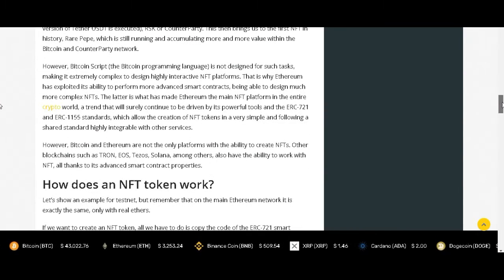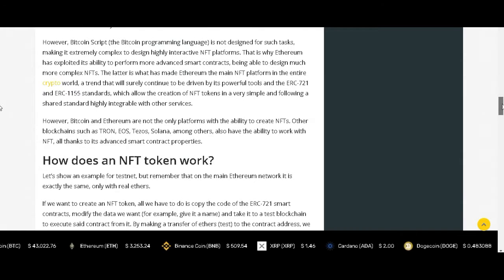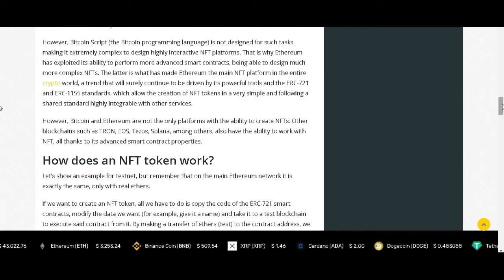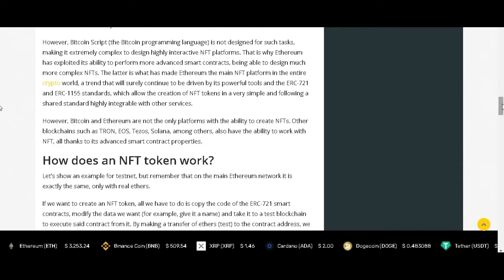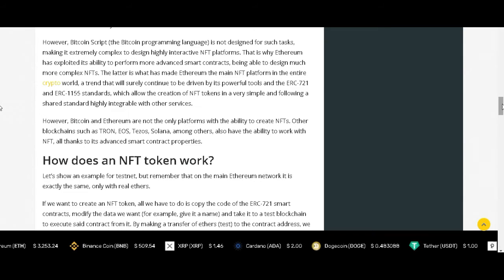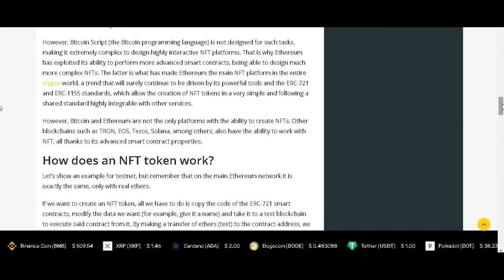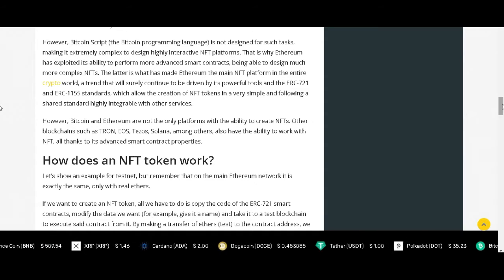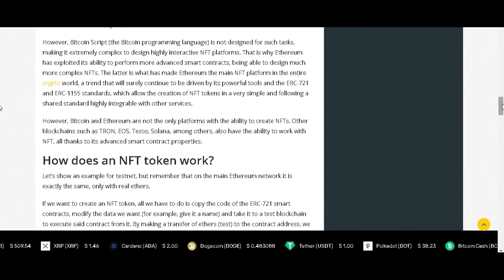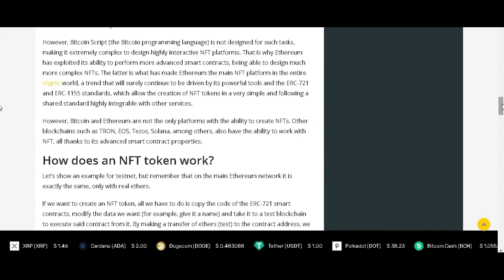However, Bitcoin script, the Bitcoin programming language, is not designed for such tasks, making it extremely complex to design highly interactive NFT platforms. That is why Ethereum has exploited its ability to perform more advanced smart contracts, being able to design much more complex NFTs.